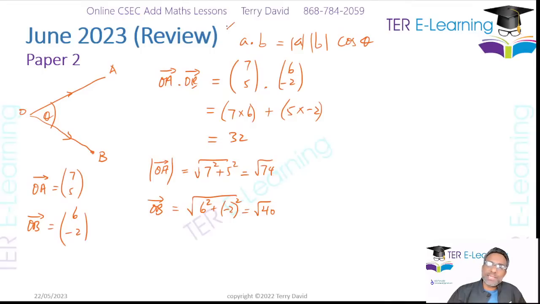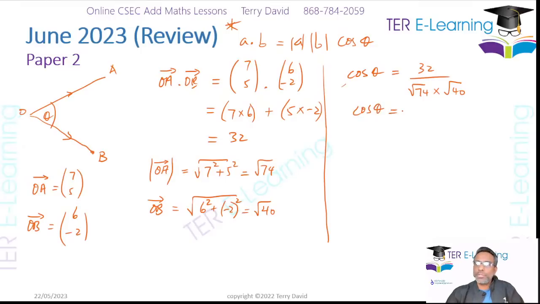Now, if we're using this formula here to work out the angle, we can say that cosine of the angle is the dot product, which is going to be 32, over root 74 multiplied by root 40. So therefore cosine theta is equal to 32 divided by square root of 74 multiplied by square root of 40.